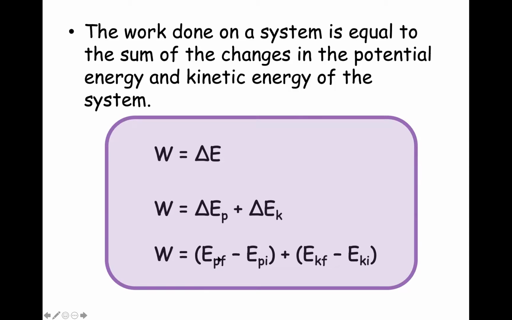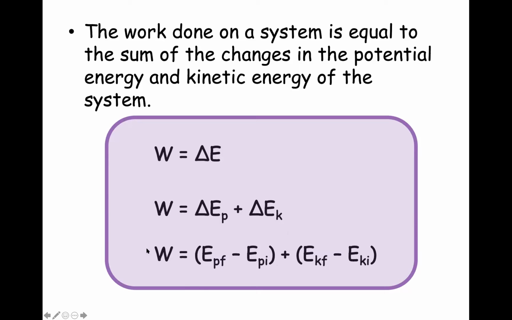Like what we did on the last two slides, the change in potential energy can be found by finding the potential energy of the final location or the final height, subtracting the potential energy of the initial height or location. And similarly, to find the change in kinetic energy, you can just subtract the initial kinetic energy from the final kinetic energy.